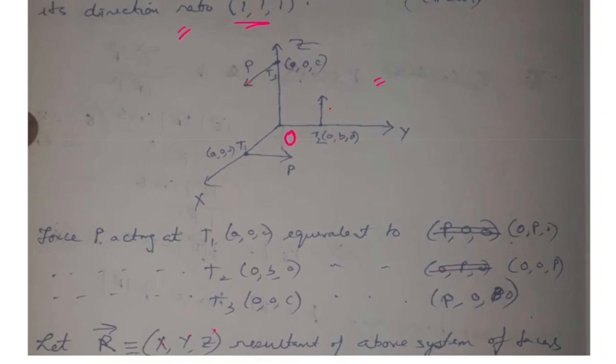So we find the moment of this force with respect to the origin, the moment of this force, and the moment of this force, and all these three moments add up to give the moment of the couple, L, M and N.